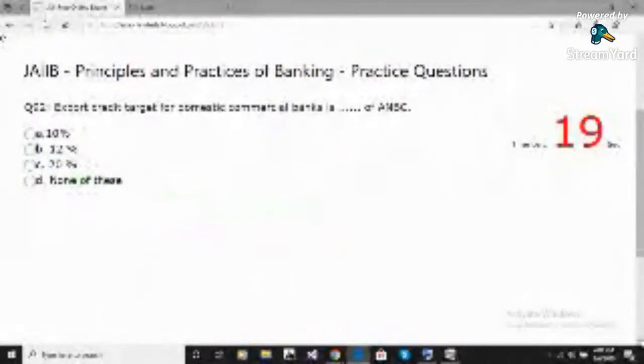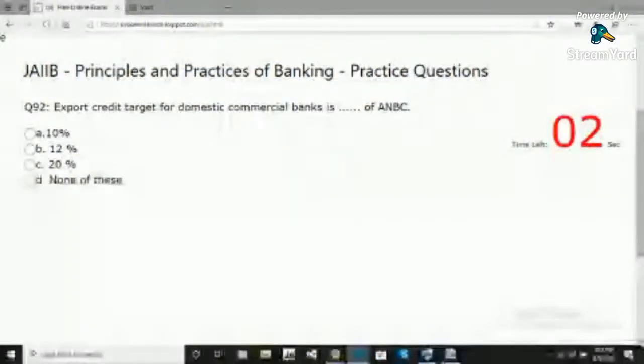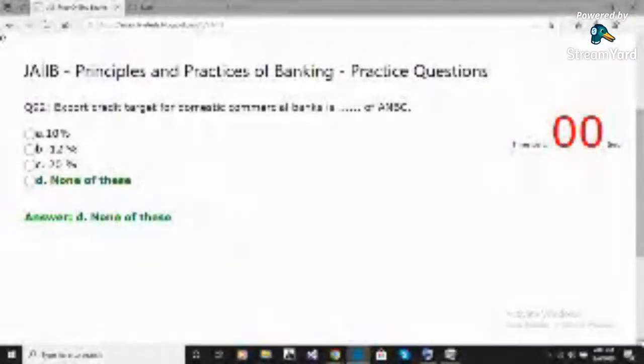Question 92. Export credit target for domestic commercial banks is Option A. 10%. Option B. 12%. Option C. 20%. Option D. None of these. Answer D. None of these.